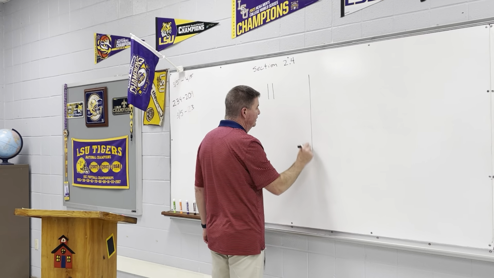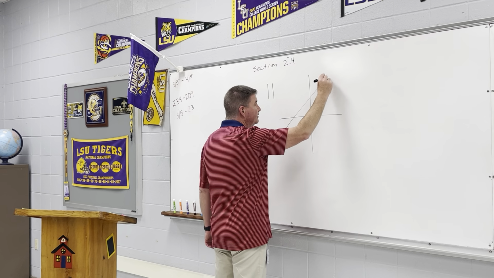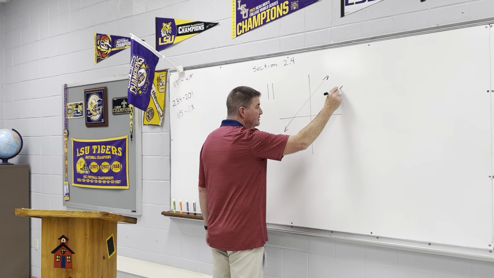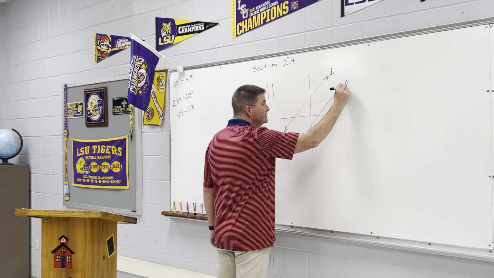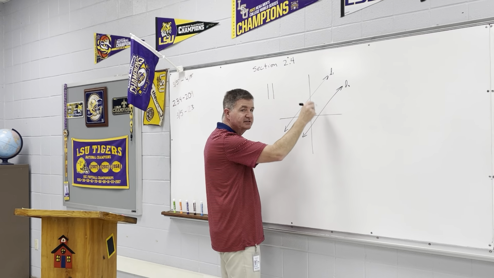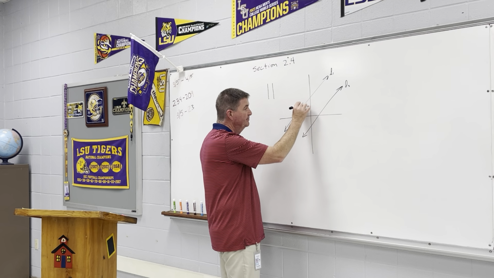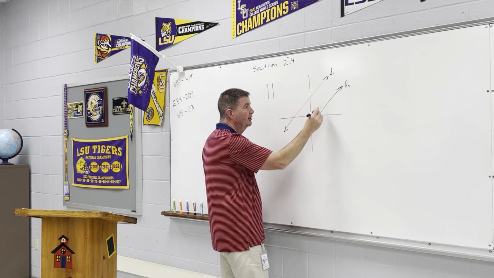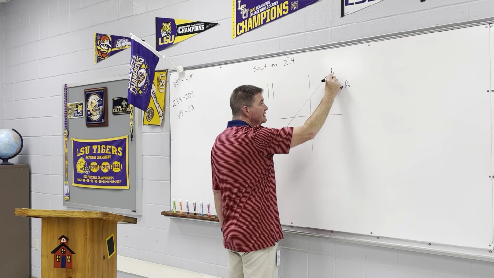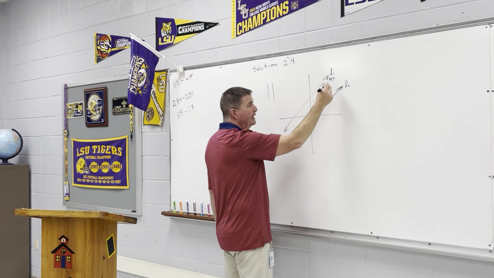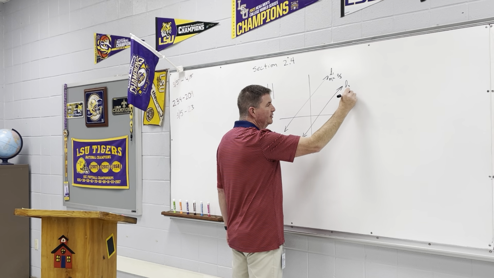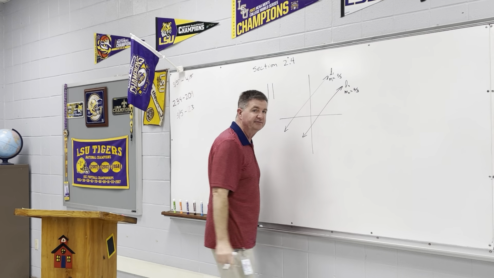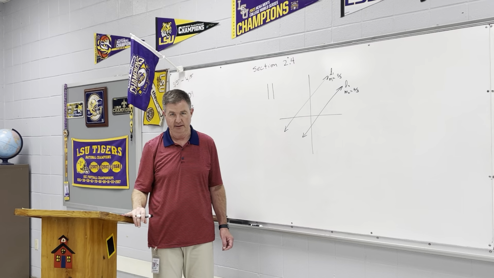The reason they don't intersect is that they have slopes that are the same: up the same, over the same. So if my slope for the first line is 2/3, my slope for the second line would also be 2/3 if the lines are indeed parallel.